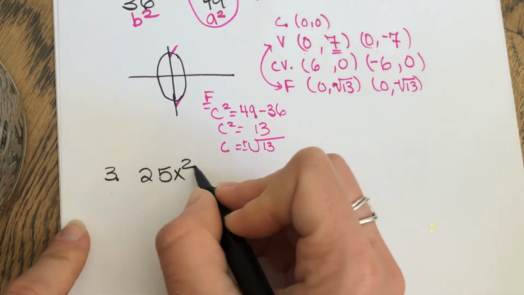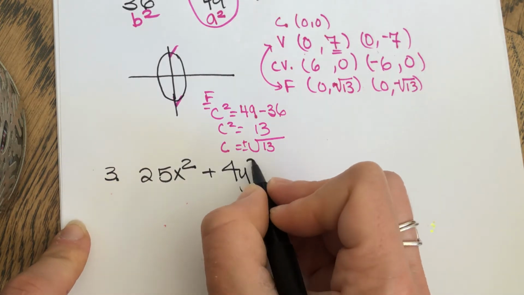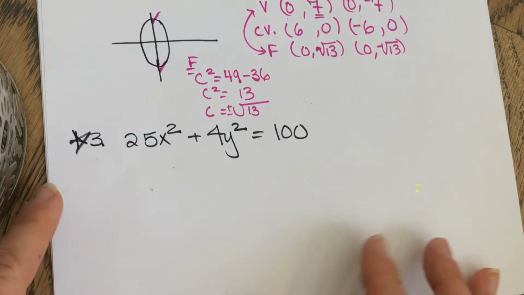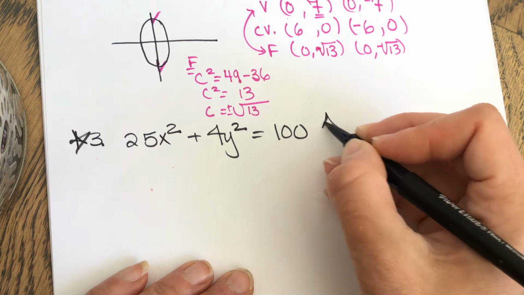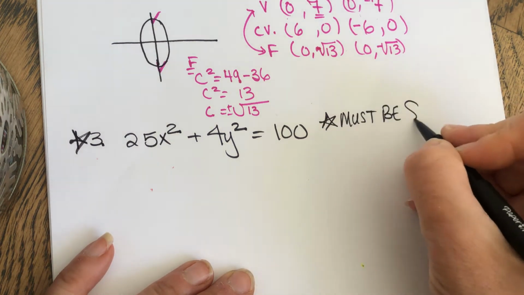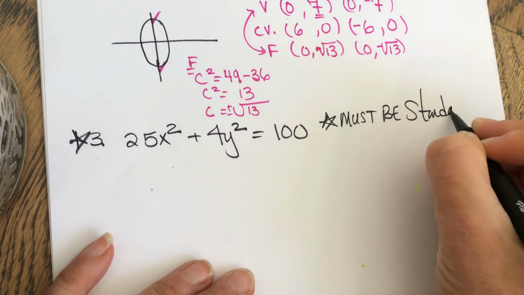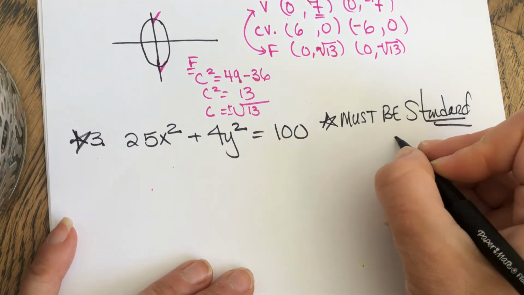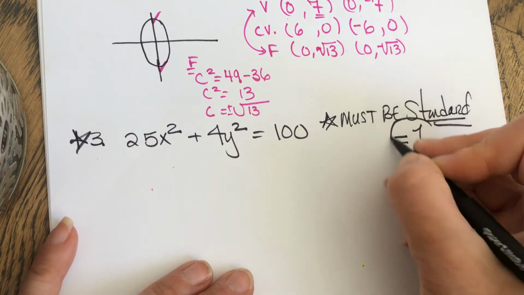25x squared plus 4y squared equals 100. Star. So just like we always do, I'm going to put another star here. It must be in standard form. What does standard form mean? Standard form means it must equal 1.